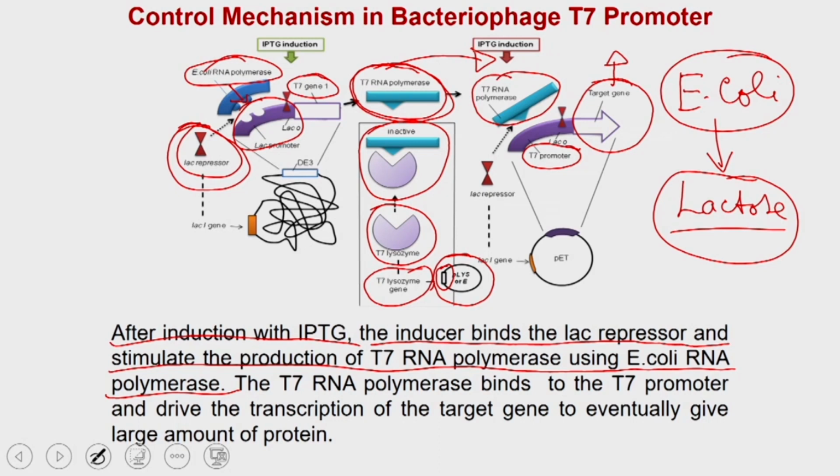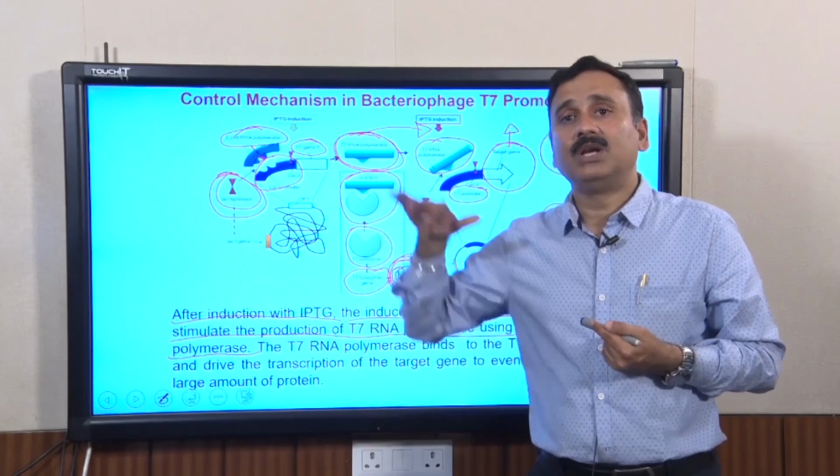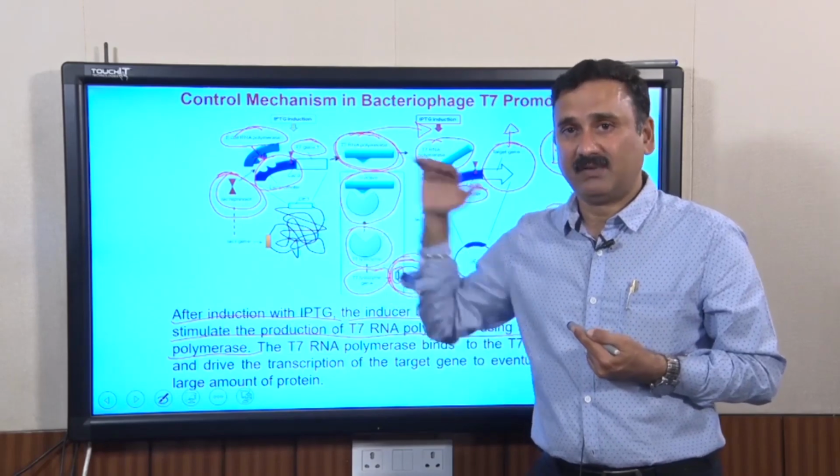So, in the presence of these two constructs which contain the T7 lysozyme gene, you are going to kill the background expression, and that is how you can overexpress proteins which are toxic in nature in this T7 promoter system as well.